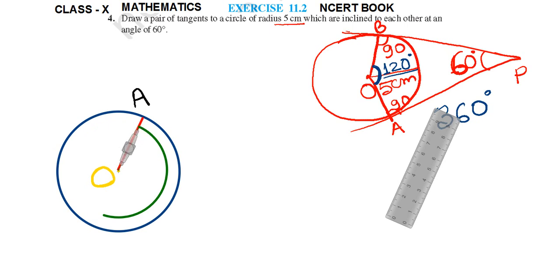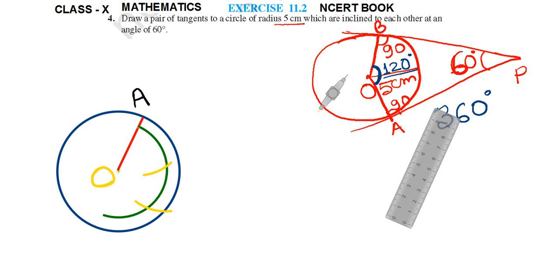Now put the tip of compass at the point where the arc intersects OA, and then take an arc that will intersect this, and then again put the tip where it has intersected, and draw an arc again.